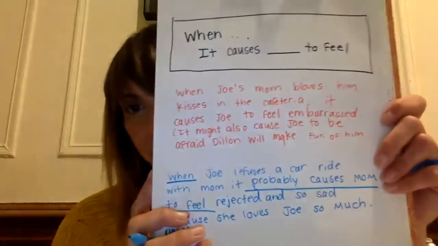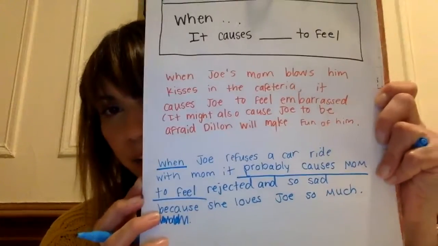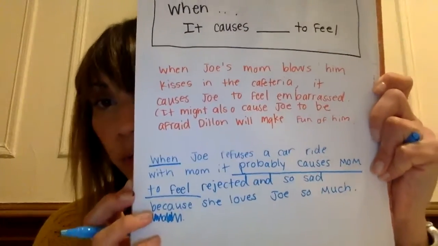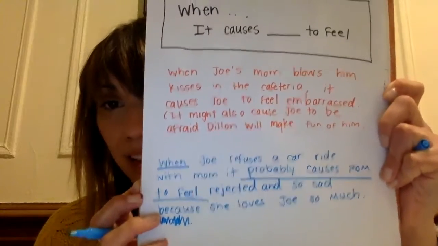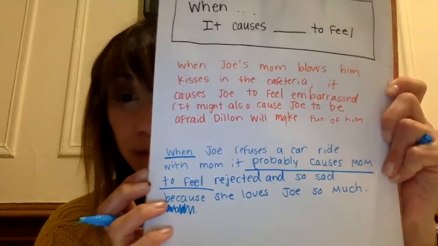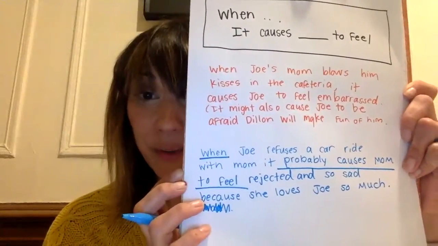And so I want you to use our words here again, this language, to help you explain your thinking. So when Joe refuses a car ride with Mom, it probably causes Mom to feel rejected and so sad, because she loves Joe so much. I'm sure it makes her feel hurt inside in some way.